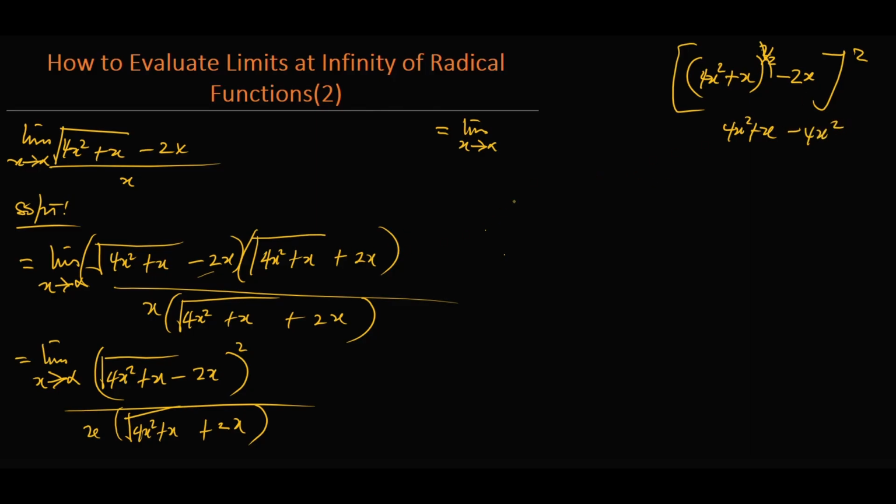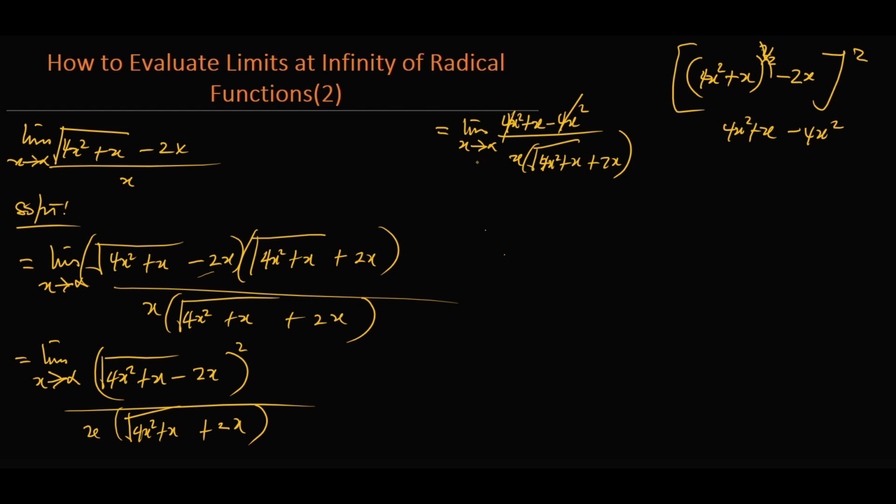So if we apply that here, this will be the limit as x approaches infinity of 4x squared plus x minus 4x squared, all over the denominator, x multiplied by the conjugate, which is root 4x squared plus x plus 2x.